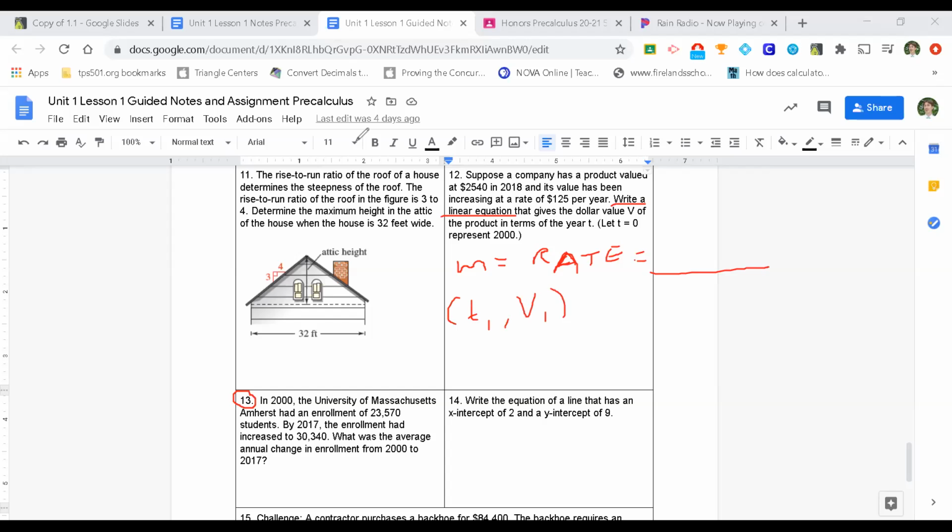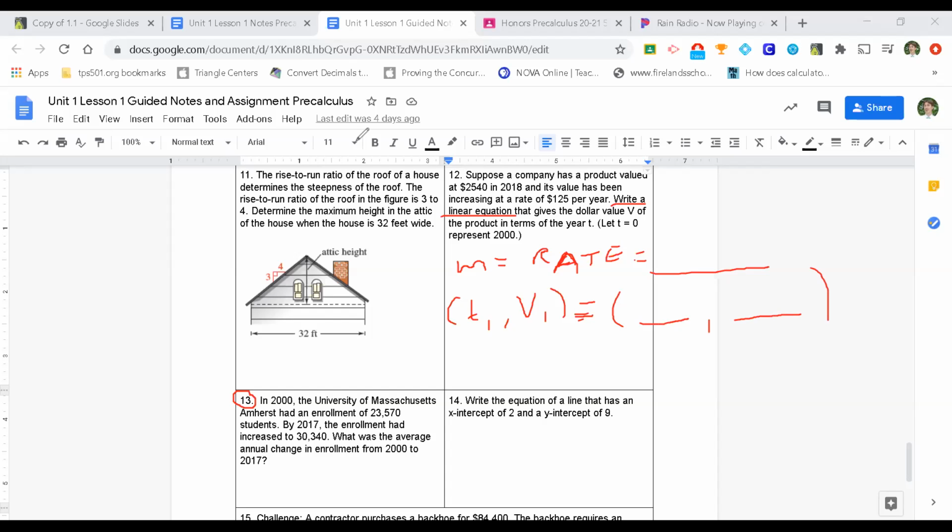Instead of X sub 1, Y sub 1, we're going to use T's and V's for this problem because we get crazy after problem number 10. Up is down, left is right, dogs, cats living together. And this is also given to you in the problem. You need to tell me what is a time that they give you and what is an amount or value that they give you.